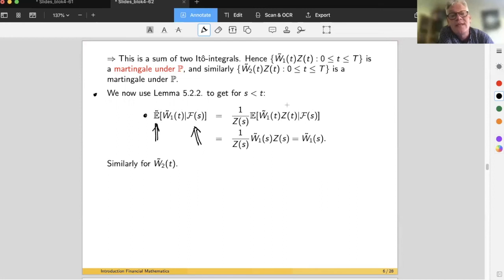And now we know that this is a martingale. So we know that this conditional expectation is in fact equal to W tilde_1s Z_s.